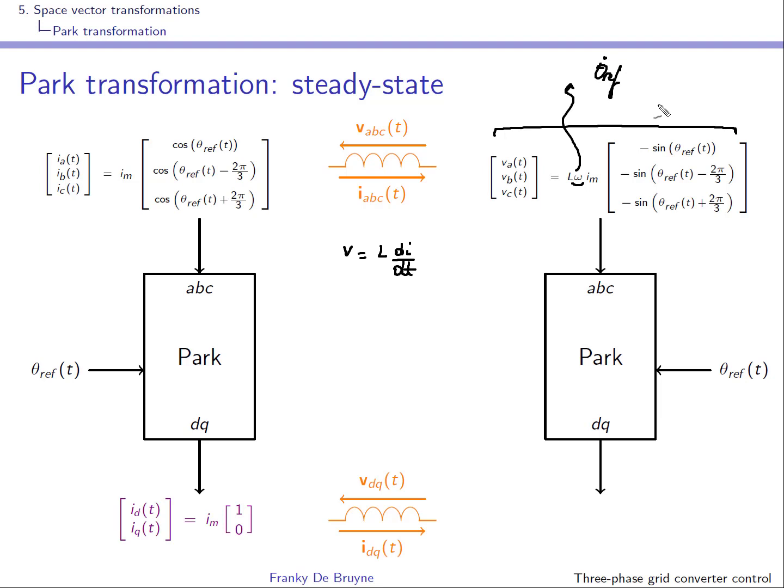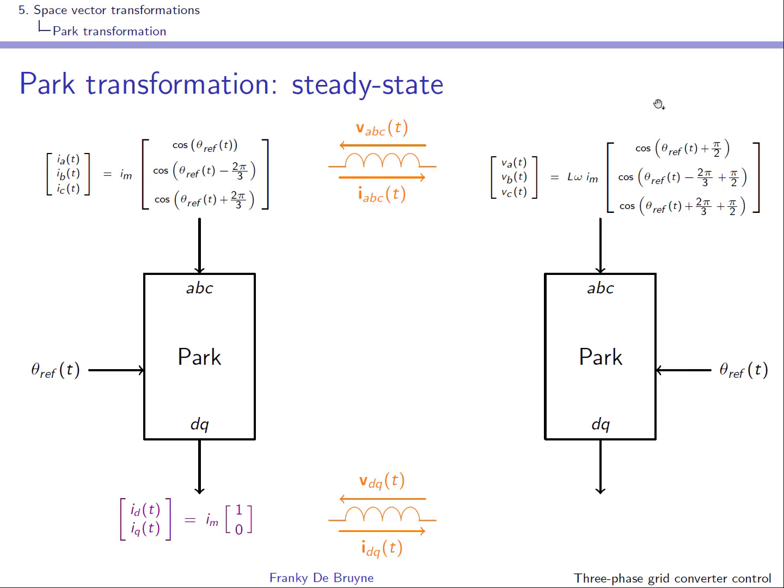It's the speed at which this reference frame is rotating, and this can be written a little bit differently as follows. We can now look at the Park transform of this voltage signal, and we see that this is here theta, the reference angle of the voltage rotating vector, shifted by pi over 2 or 90 degrees.